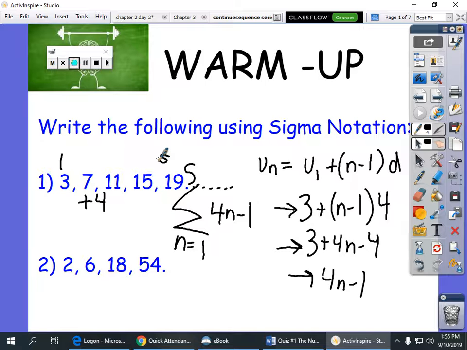Good questions. Okay, now let's look at this one down here. Arithmetic or geometric? Geometric. What's the pattern? Times 3. What's my start? 2. So very simply, 2 times 3 to the n minus 1. Okay? You can leave this one recursive. I'm fine with that.